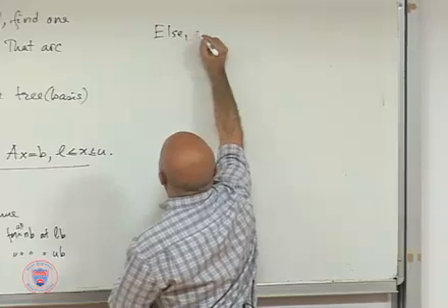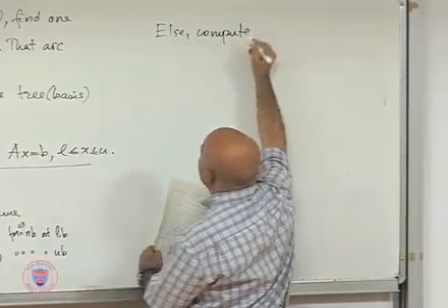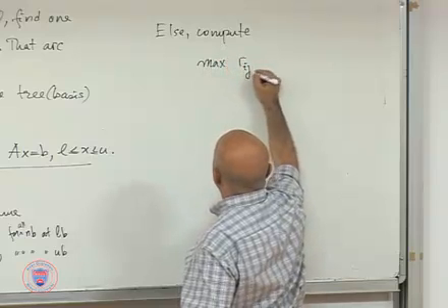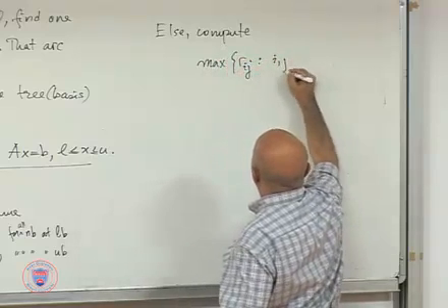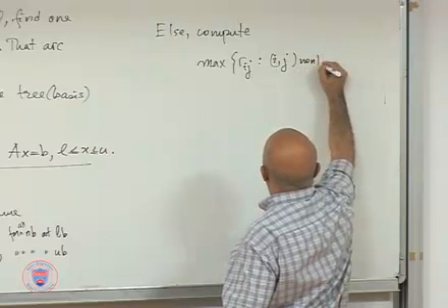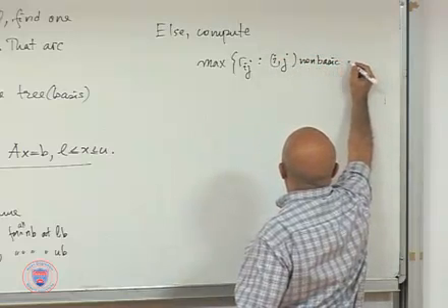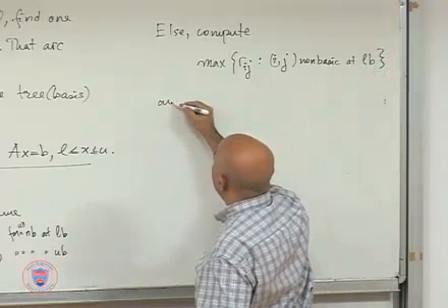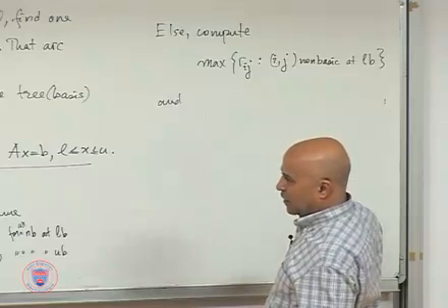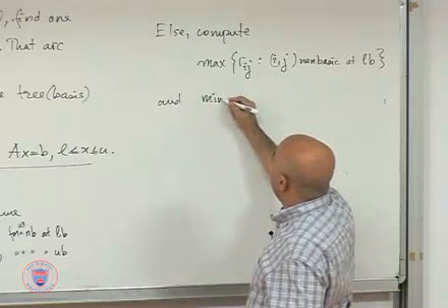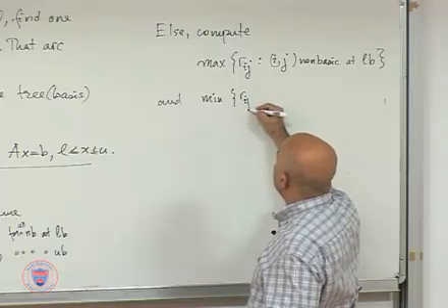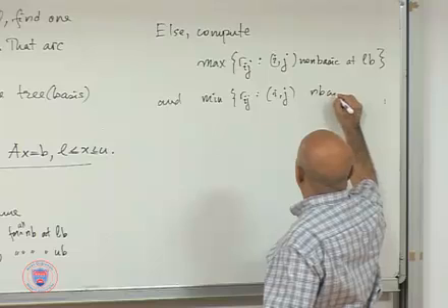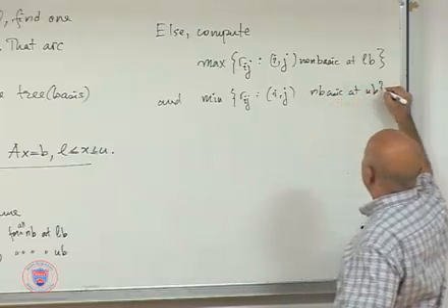Else, compute, say, the most positive of the Rij's over those ij that are non-basic at lower bound, and also compute the most negative minimum of the Rij's for those ij that are non-basic at the upper bound. Okay.